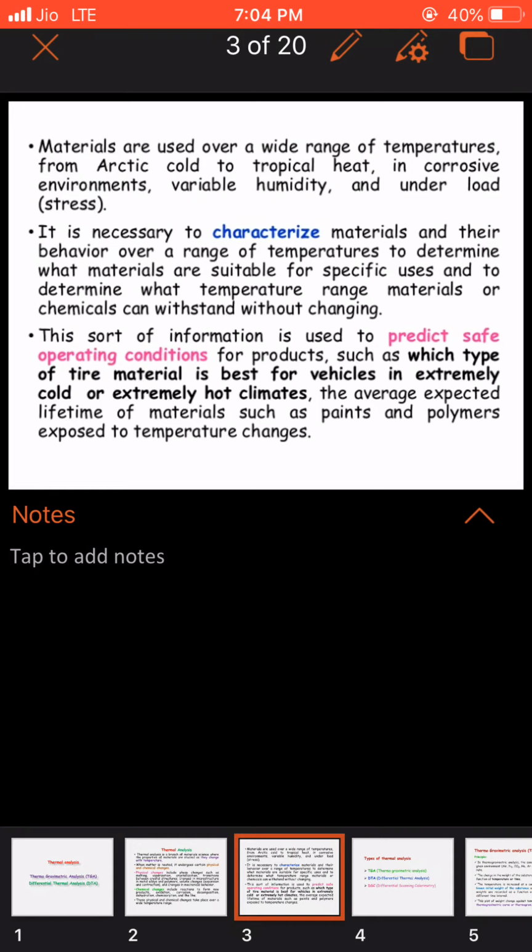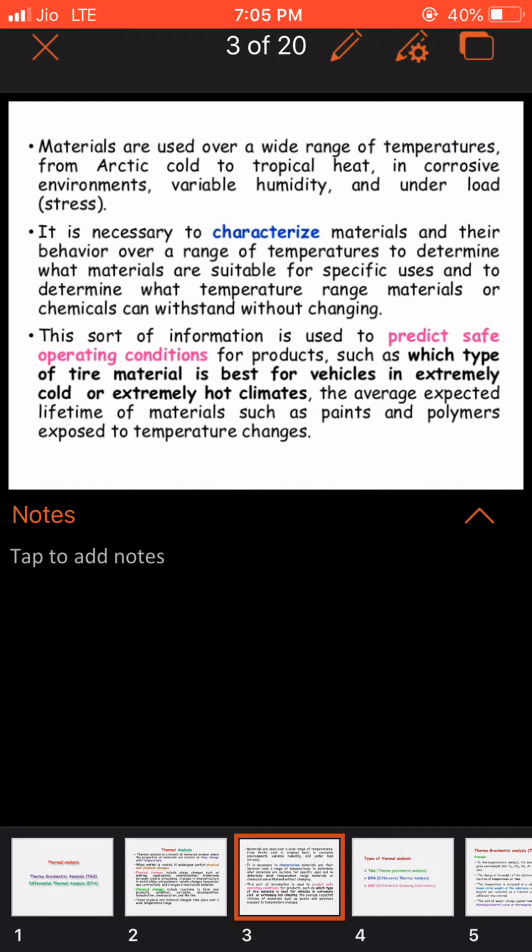So to study the thermal properties of materials, what to do? We need to use some instrumental methods or techniques to study the thermal properties of materials. And those instruments should be in such a way that the temperature changes must occur in that instrument, so that material subjected to that temperature change can be studied effectively.